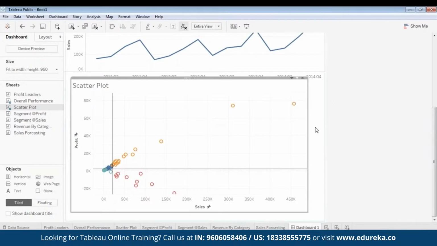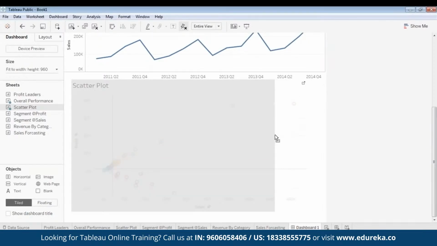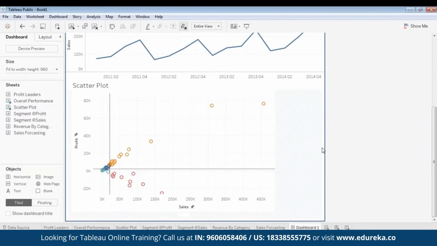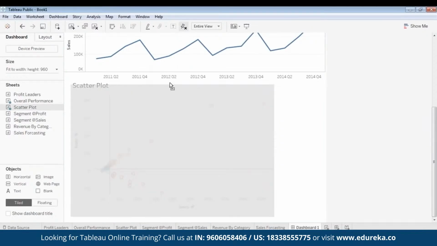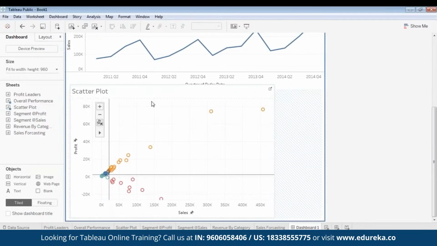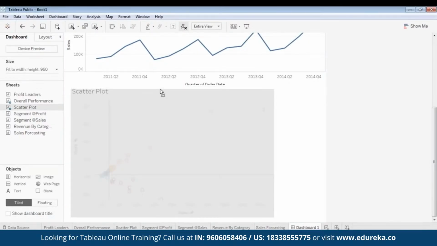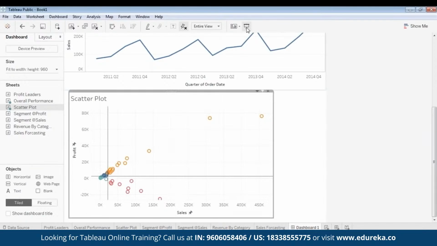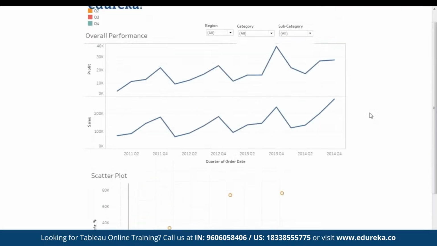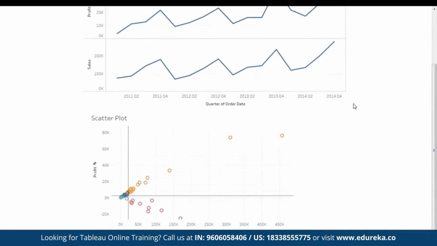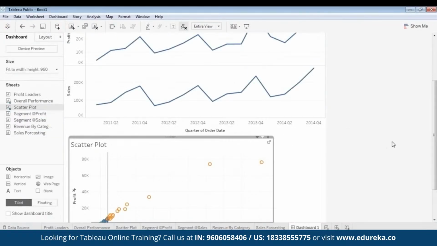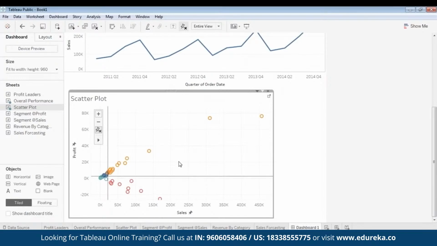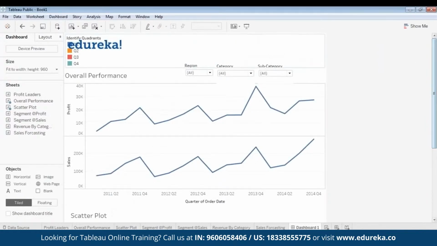So California is there. That's why I am trying to adjust everything so that the person who is looking at the dashboard can get the view, right? I can minimize it a little bit. Let's go back and go to full screen, right? You can always go to full screen and check how your dashboard is so far, right? So this is the kind of dashboard we are creating right now.